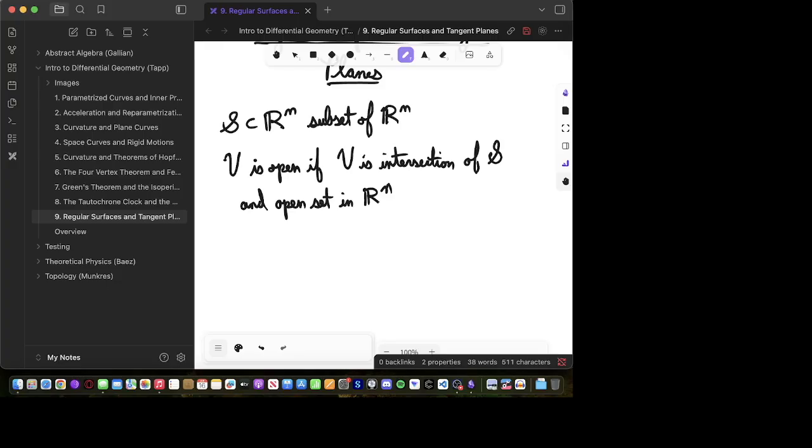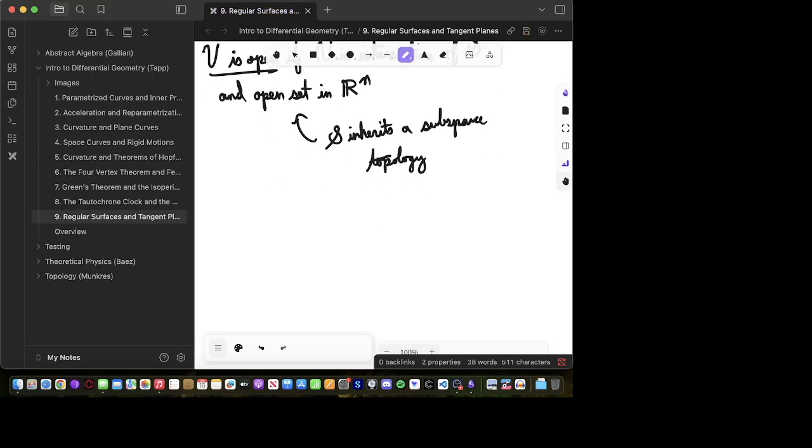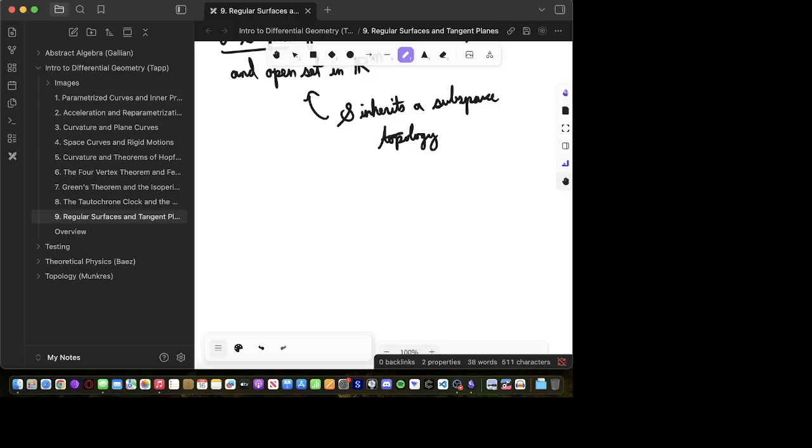We'll later learn in topology that we say that S inherits a subspace topology for which this is true. But for now, we're just going to say V is open under those conditions.